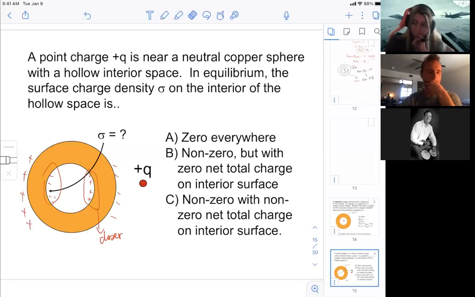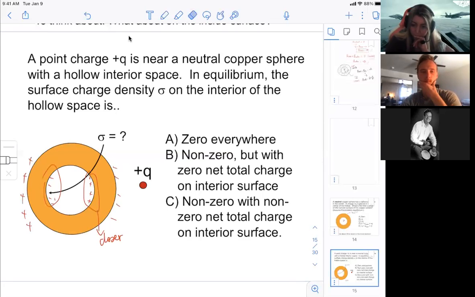I have a question. On the inside, wouldn't it all be positive, but there'll be more positive toward the left, a higher density of charge toward the left than the right? Okay, we have another idea. Let's try to draw it. Something like that.